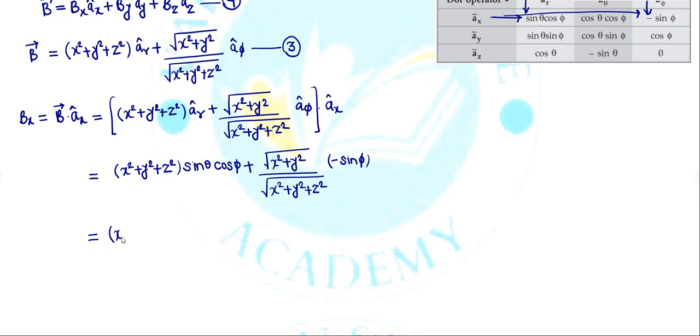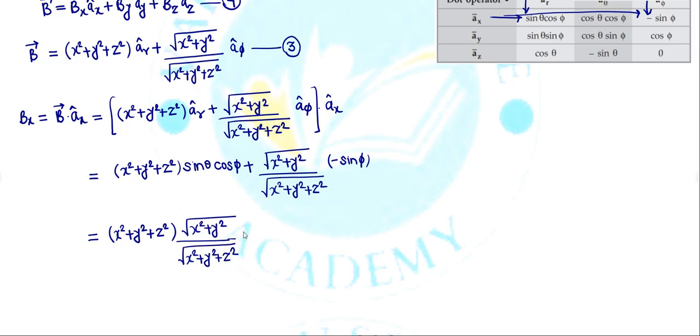So this very first bracket will be as it is, square root of x square plus y square plus z square. Now sin of theta. So sin theta that we have found to be square root of x square plus y square divided by square root of x square plus y square plus z square.